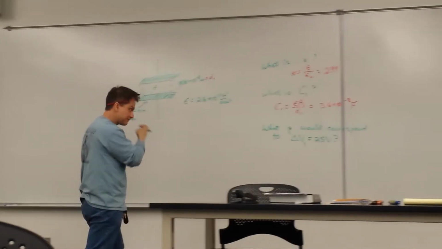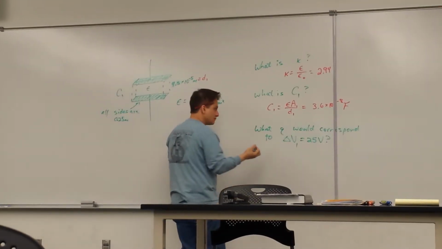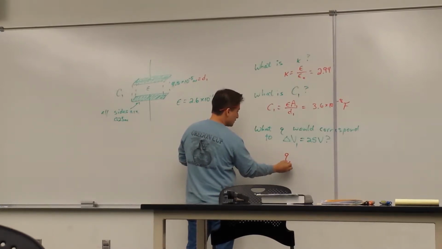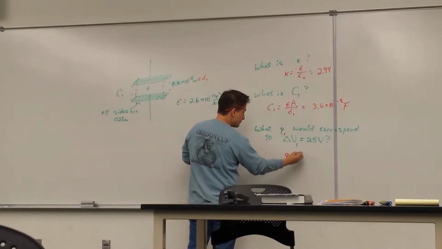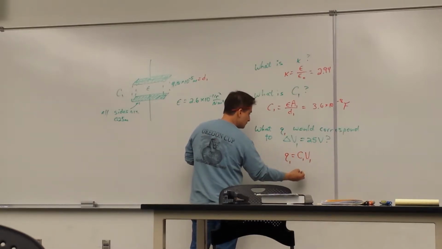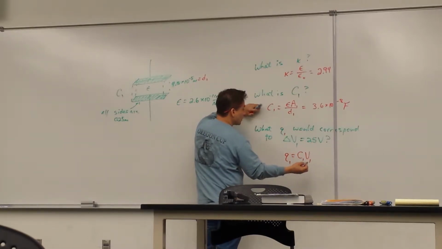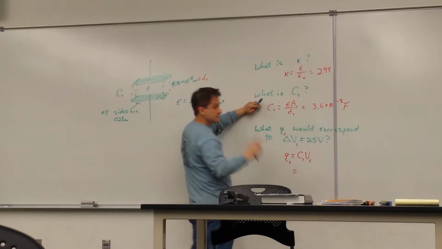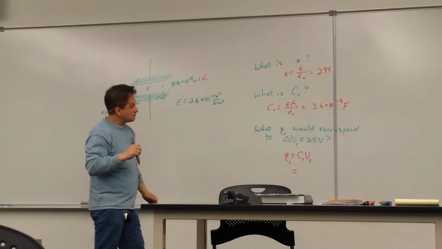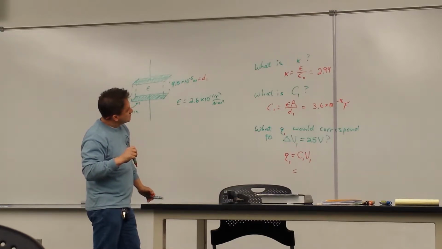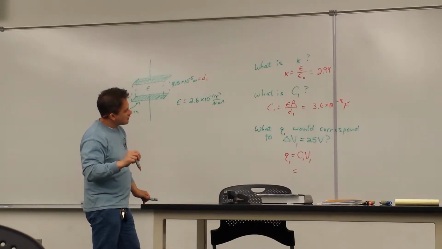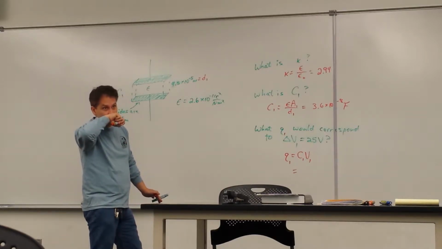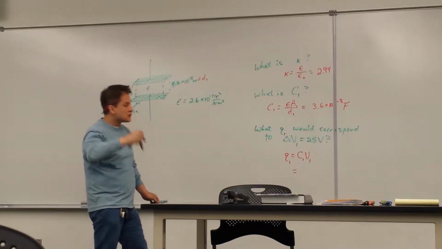Basic question. So Q1 would be C1V1, or this crazy number times 25. So somewhere, give or take, around 0.9 or so times 10 to the negative 7.